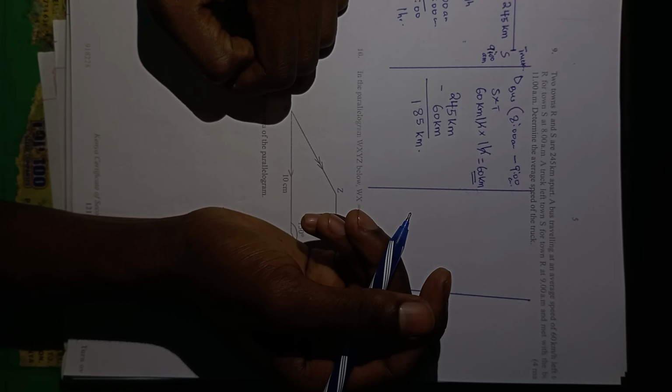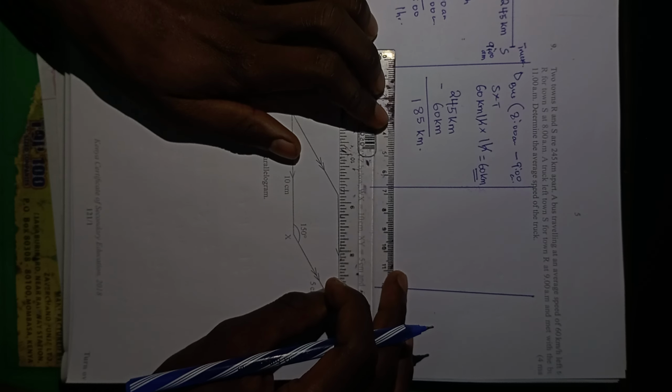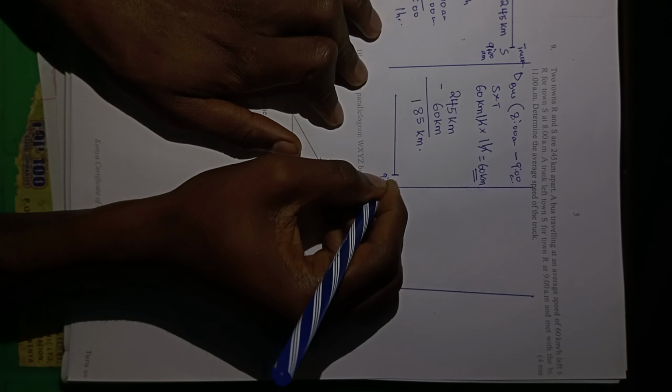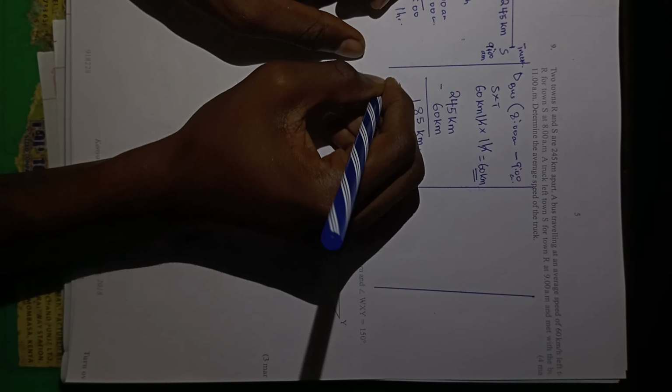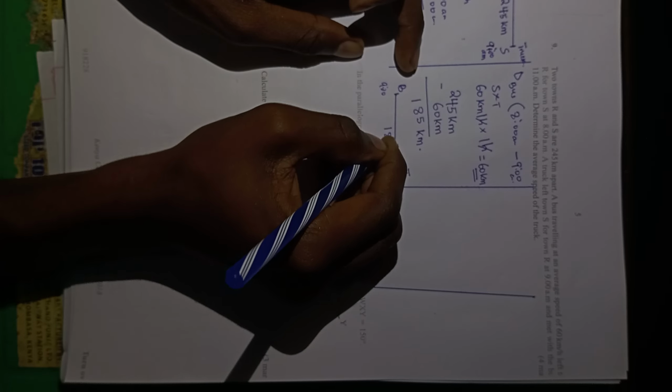So by 9 a.m., the bus and the truck were 185 kilometers away from each other. Here we have the bus, B, and here the truck, and this distance is 185 kilometers.